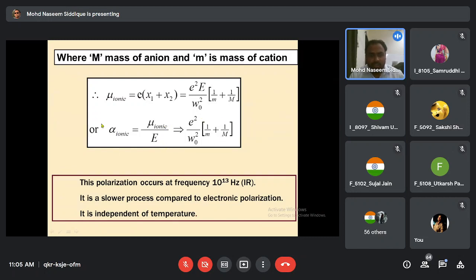This is the ionic polarizability. This polarization occurs at a frequency of 10 to the power 13 Hertz, in the infrared region. As I told you in the previous slide, there is some limitation of the frequency. So keep in mind, if someone asks what is the frequency range for ionic polarization, then this polarization occurs at a frequency of 10 to the power 13 Hertz.